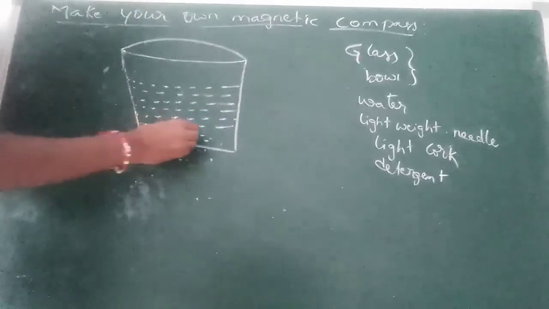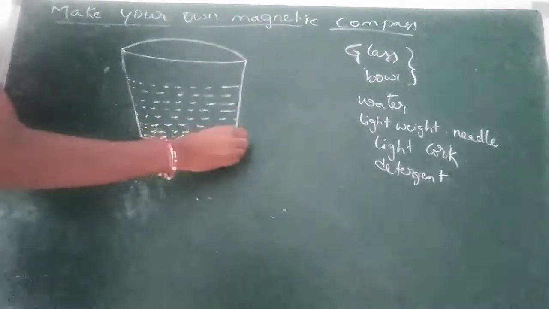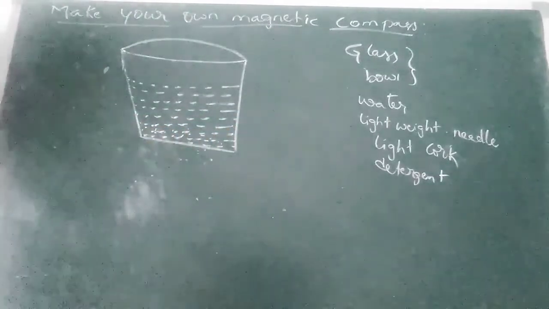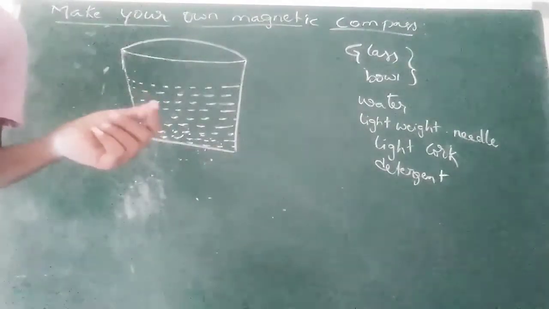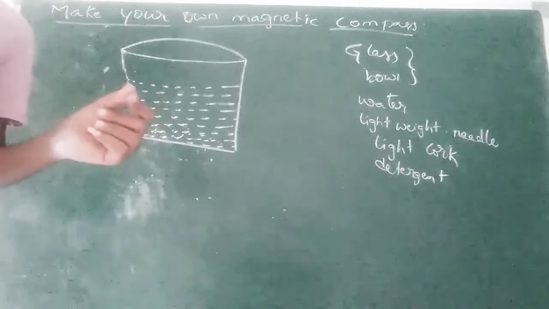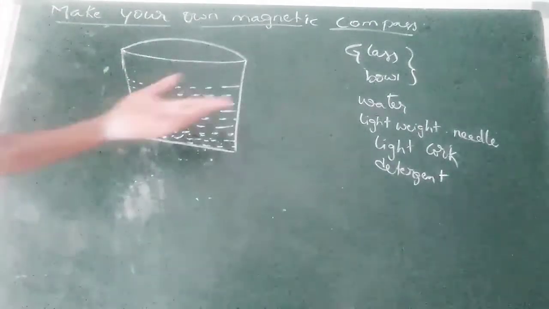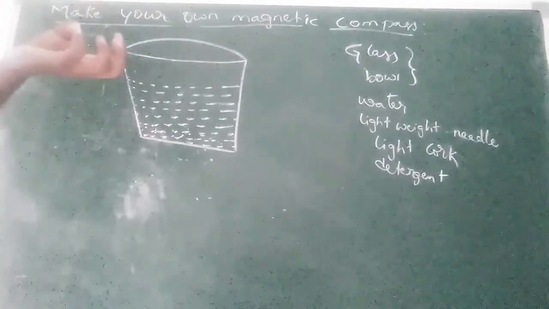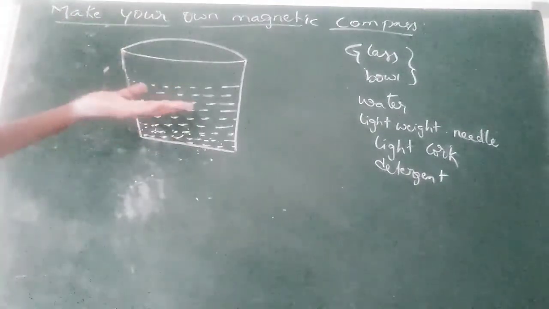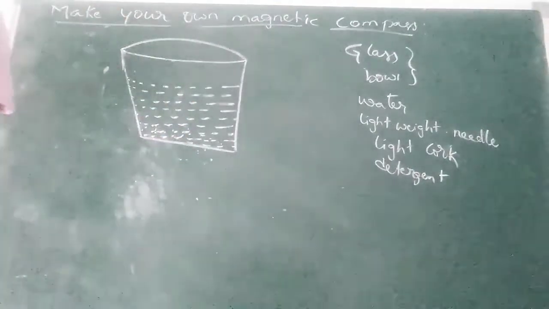Whenever we add the detergent to this water, that water will be very smooth. It is very soft, and it makes that lightweight cord move freely. To move that magnetic needle freely in the water, we added some detergent, right?